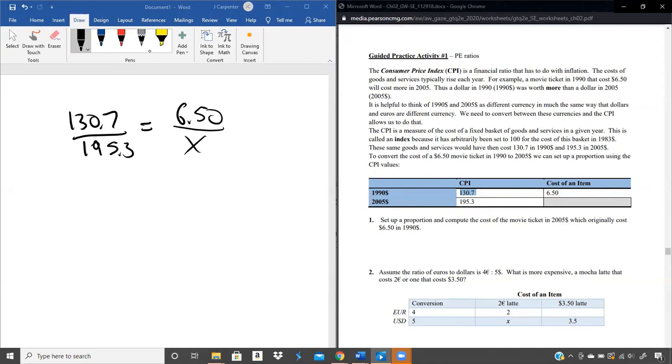So we're going to cross multiply. So we get the 130.7 times the x is equal to the 6.5 times the 195.3.